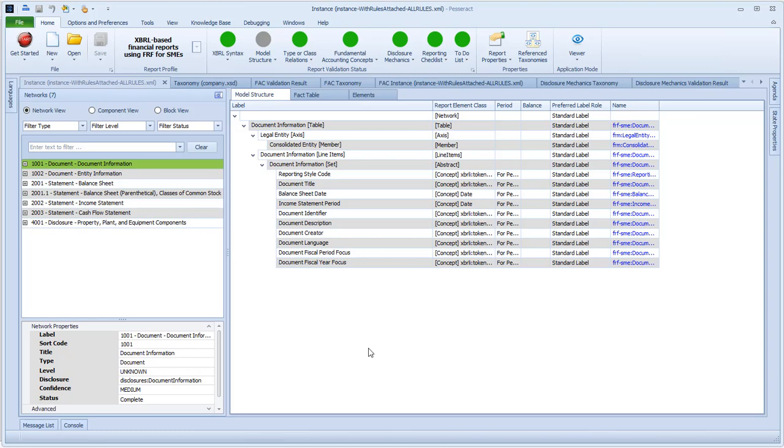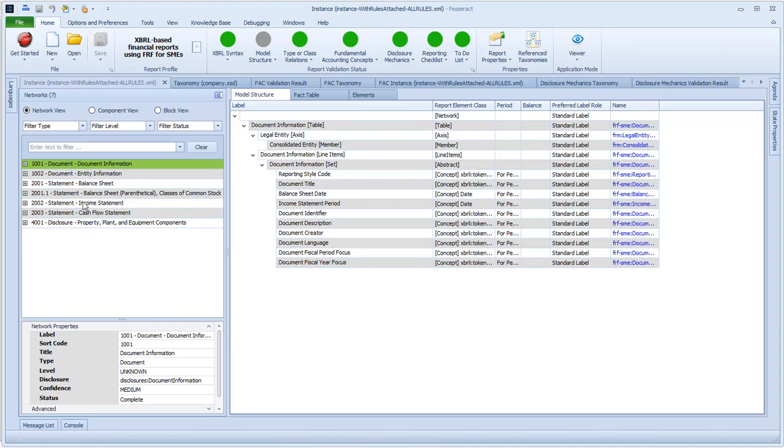A characteristic that this report has is that it is fully proven to be correct with machine readable rules.